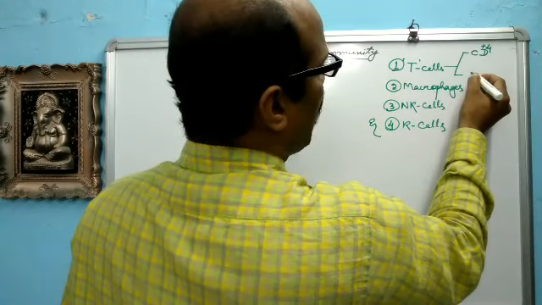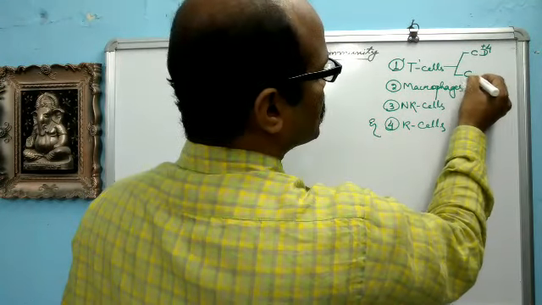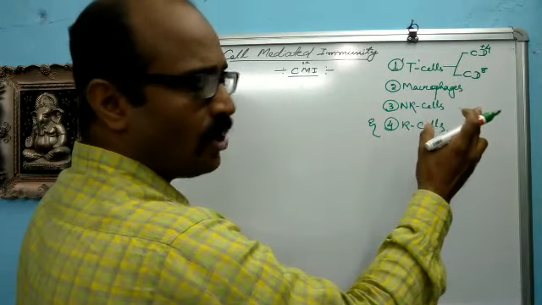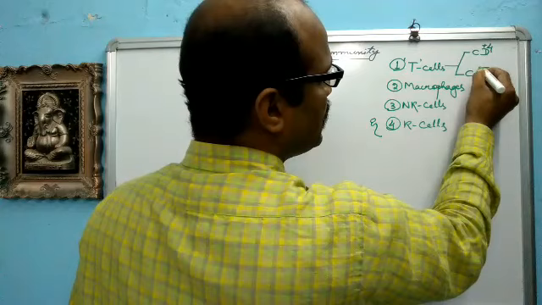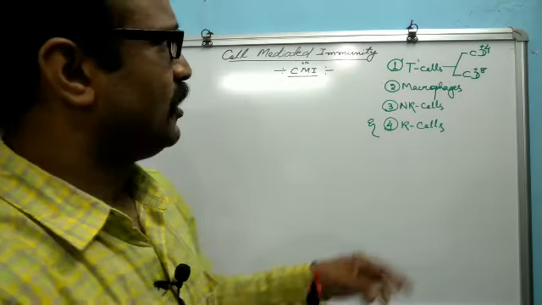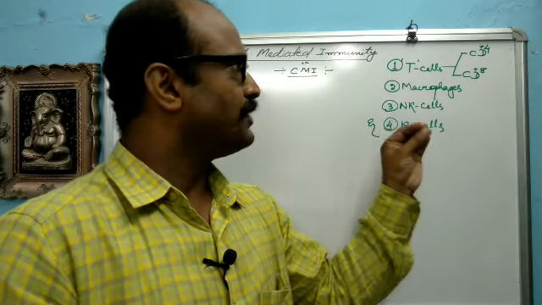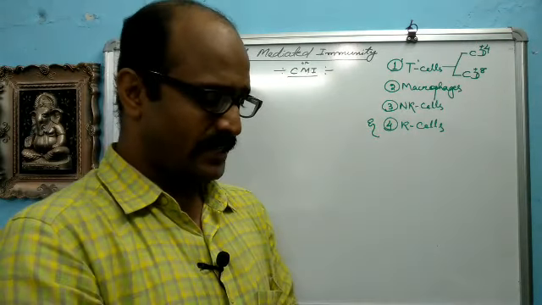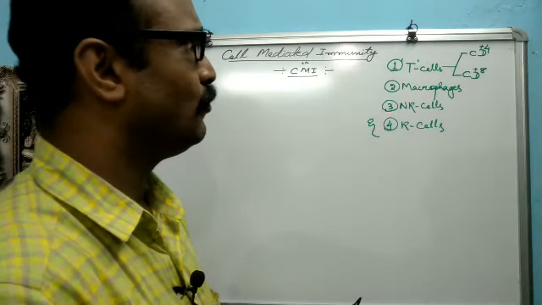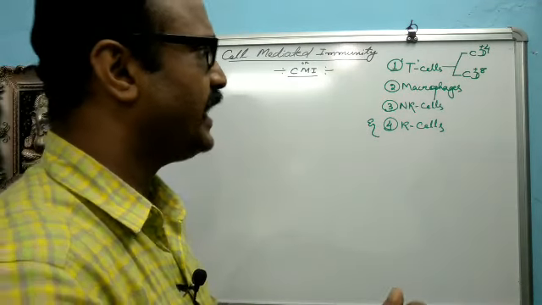Those cells having cluster determinant type 8 are CD8, or CD plus 8. So on the basis of the cluster determinant, T cells are classified into two types: CD4 and CD8.